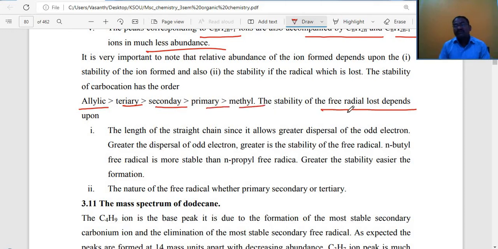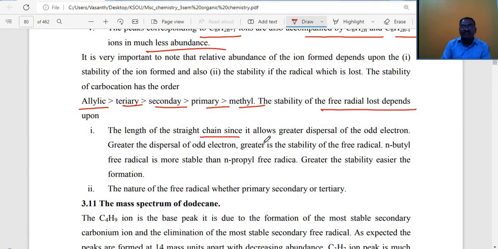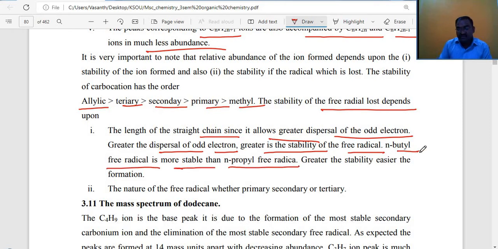The stability of the free radical lost depends upon the length of the straight chain, since it allows greater dispersal of the odd electron. The greater the dispersal of the odd electron, the greater is the stability of the free radical. Consider an example: N-butyl free radical is more stable than N-propyl free radical. Okay. The nature of the free radical, whether primary, secondary or tertiary.